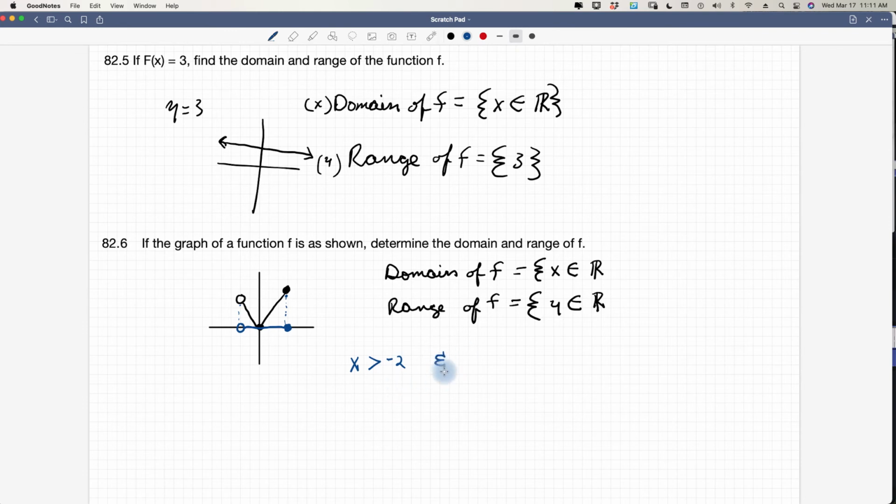And x is right here, this is a filled in circle on 3. So x is going to be less than or equal to, because it's filled in, x is less than or equal to 3. So now we need to combine those.